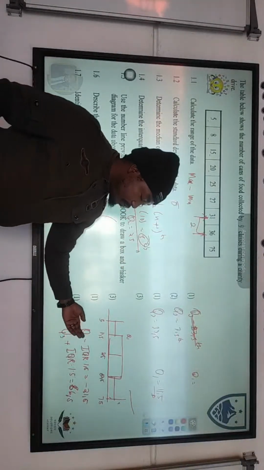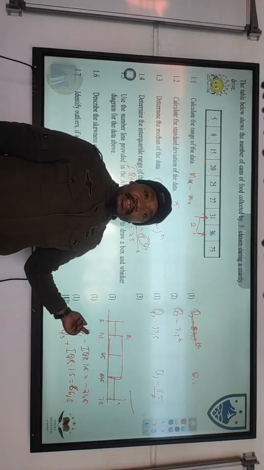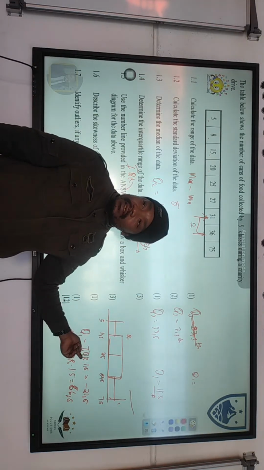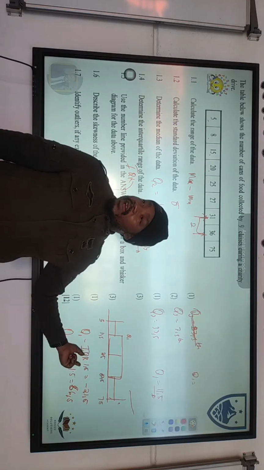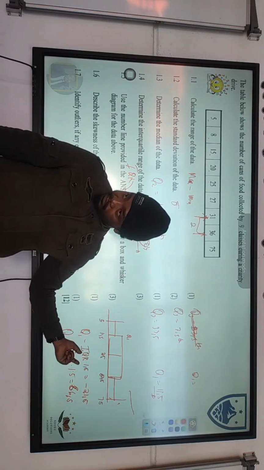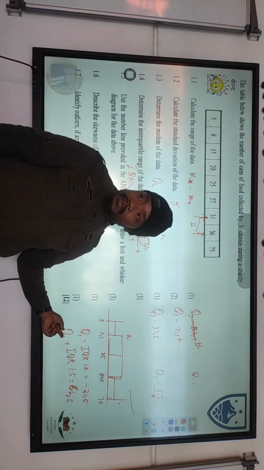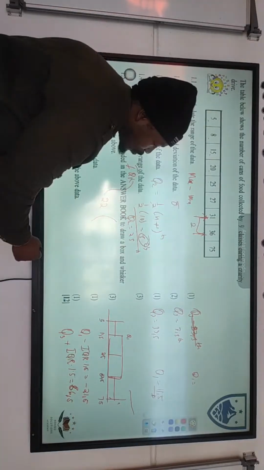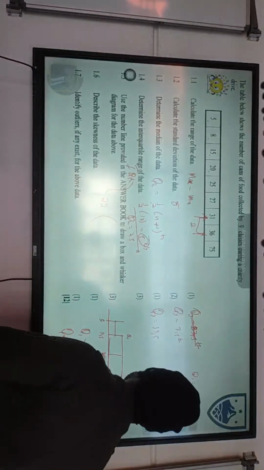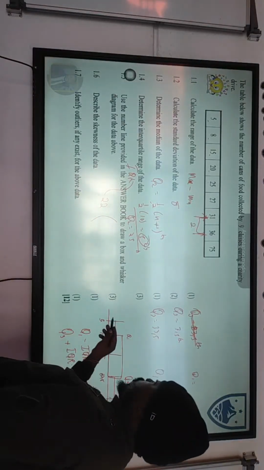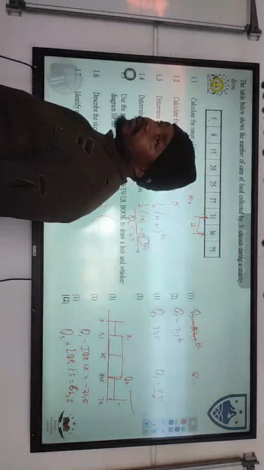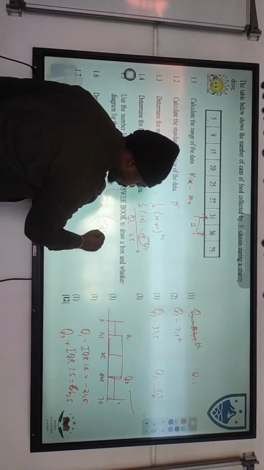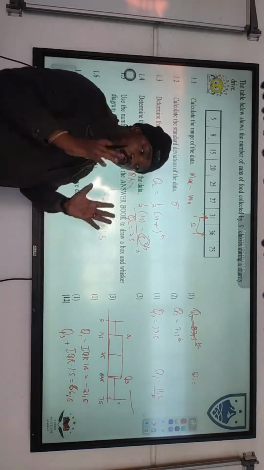So you take Q1, you subtract the interquartile range multiplied by 1,5. Then Q3 plus IQR multiplied by 1,5. For Q1, if that gives you a negative 21,5, you are making your own category now.